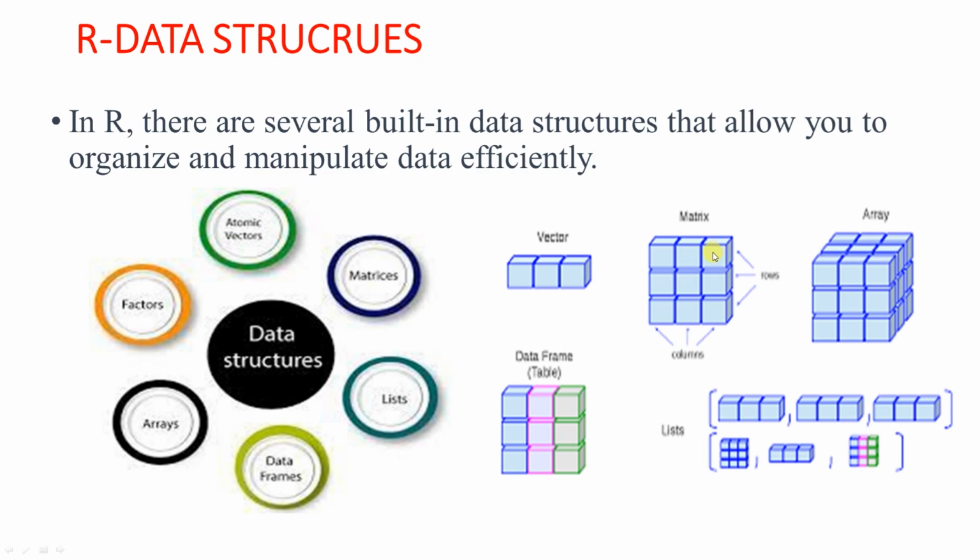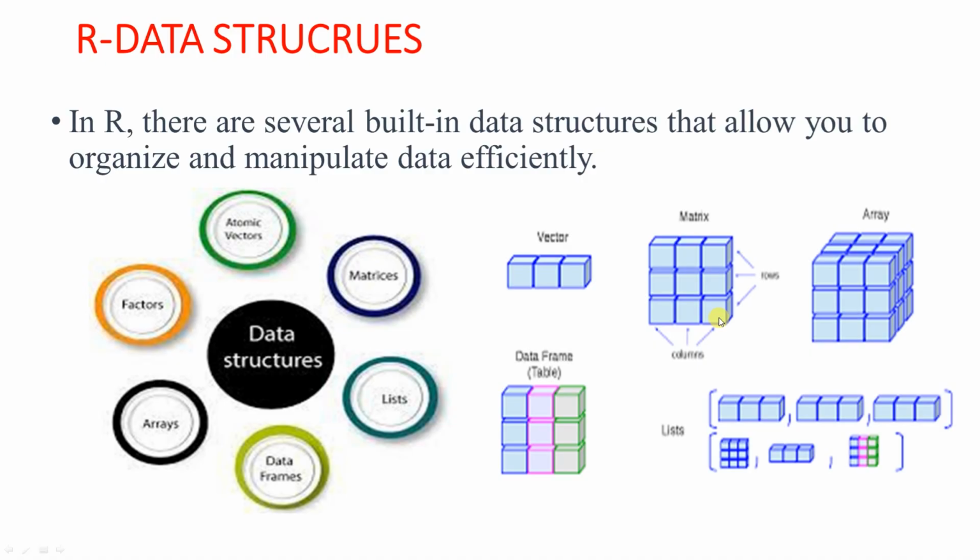Here this is the second row: 2 1, 2 2, 2 3, and next 3 1, 3 2, 3 3. Like this, it can hold more elements than the vector data structure.